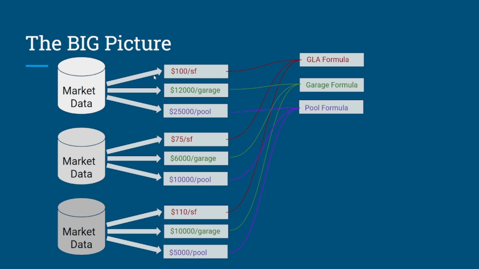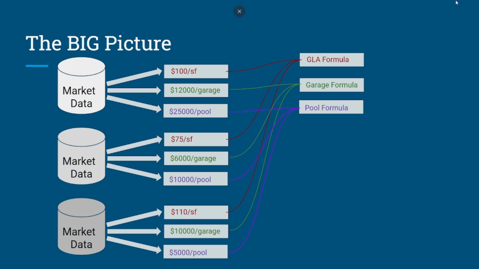Why, in this set of market data, was the gross living area adjustment $100 a square foot, and it was $75 in this set and $110 in this set? What is going on in these different sets of data? How are people behaving differently in different circumstances? That can be extracted into formulas for each of those particular amenities or items that we want to analyze.